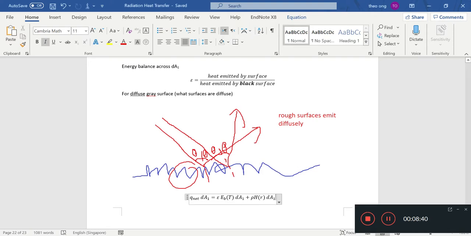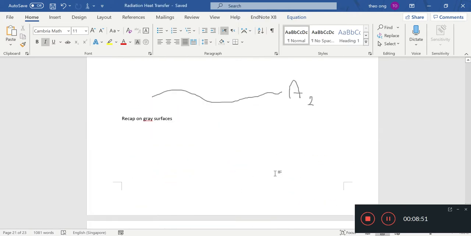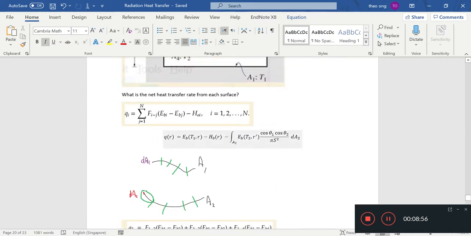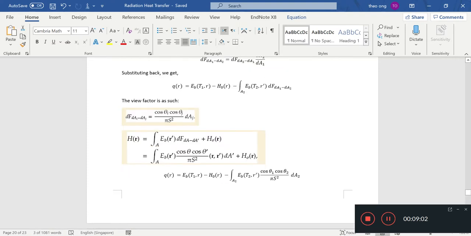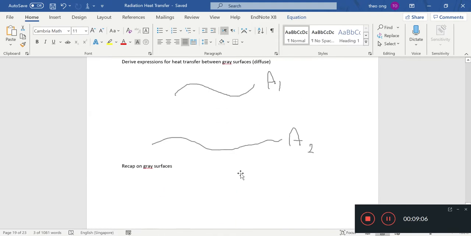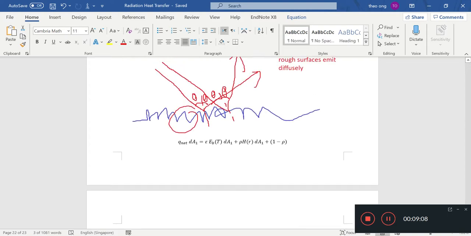Anyway, back to this. So we need to consider the radiation incoming. So what's the radiation incoming? That will be 1 minus the reflectivity times whatever is normally incoming for a black surface, right? So it will be this whole thing here. Or rather, let's just use the term HR: 1 minus rho times HR.